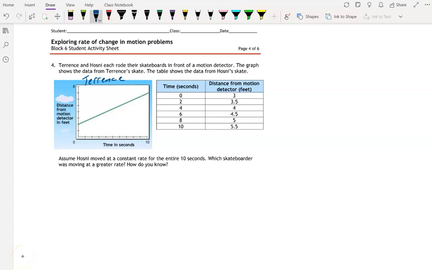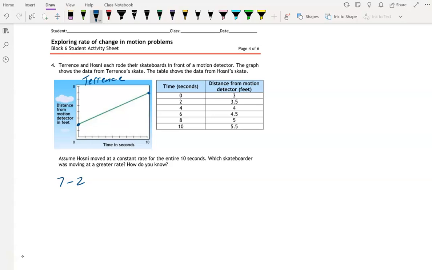Now Terrence, he started here and ended here according to the graph. So his rate is, remember, it's always distance over time. The difference in the distance, he ended up at, looks like 7 feet. And we subtract 2 from that because he started at 2 feet.